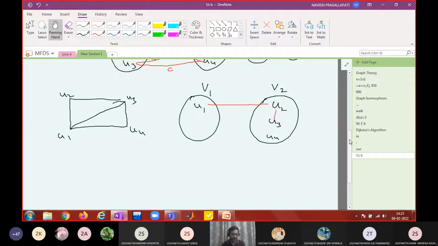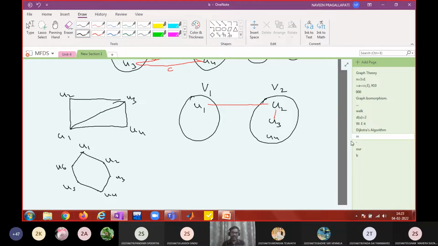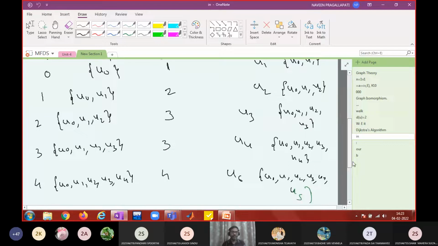Whereas if you take this one, let us call the vertices U1, U2, U3, U4, U5, U6.